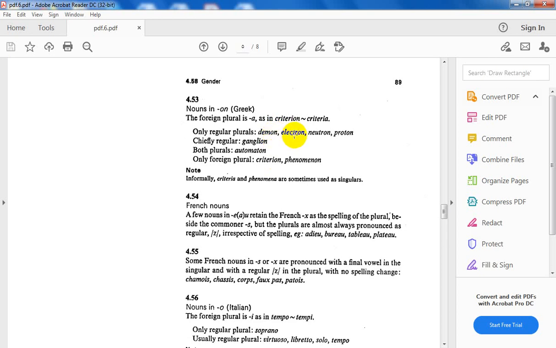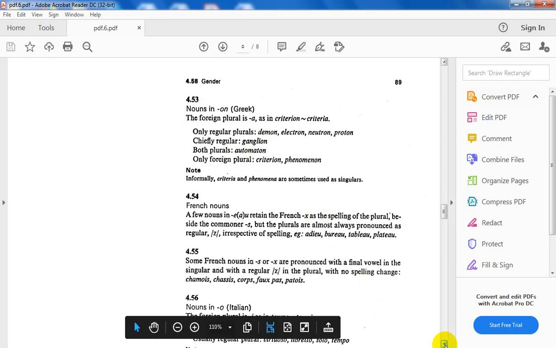Demons, electrons, neutrons, protons. Chiefly regular, meaning ganglions, just adding S. But for the plurals of automaton, either say automata, where we remove ON and add A, or automatons, adding S. Only foreign: criterion becomes criteria. Phenomenon, phenomena. The last ON becomes A.